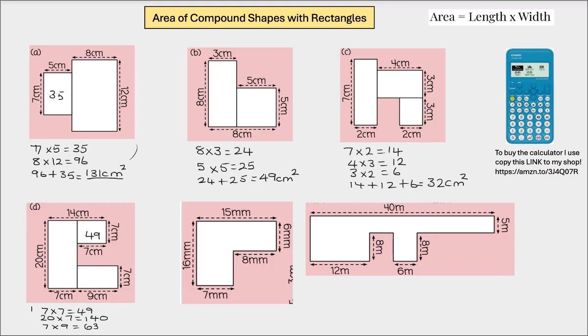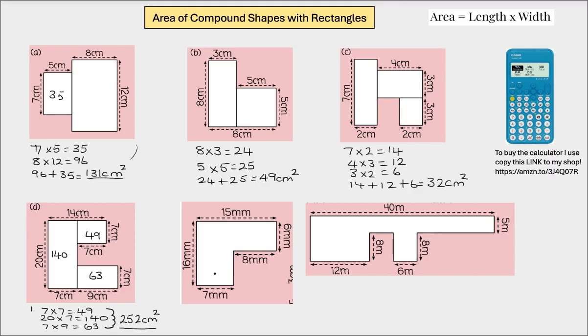So we've got 63 centimetres squared, and we've got 140 centimetres squared. So we know what we need to do. Unfortunately, I haven't left enough room here, but we're going to add all of those up, and it's going to come to 252 centimetres squared. So the area for that total compound shape is 252 centimetres squared.